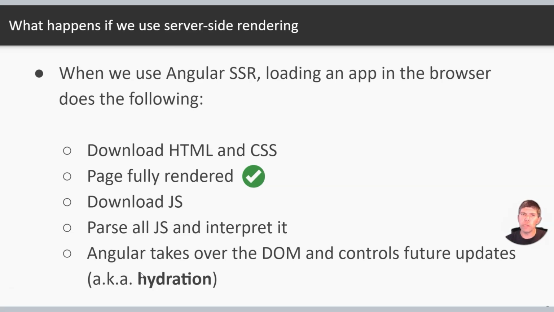So it doesn't recreate the DOM from scratch. It's non-destructive hydration since Angular 17. And yeah, that's a process of really Angular loading after the fact and then taking over that DOM.